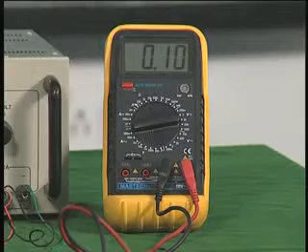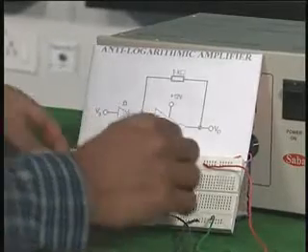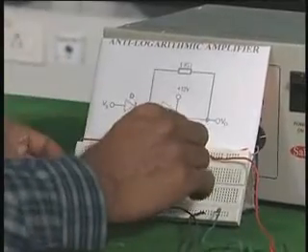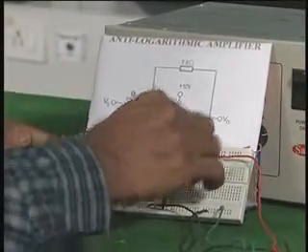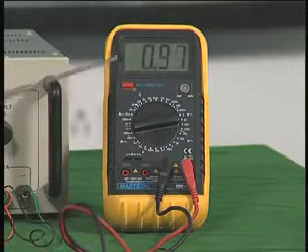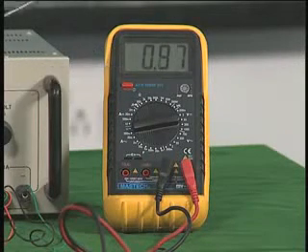Now when I have 100 millivolts at the input, I take out again and connect the multimeter at the pin number 6 of the op amp, and you can see it is nearly 1 volt, 100 millivolt comes nearly around 1 volt.